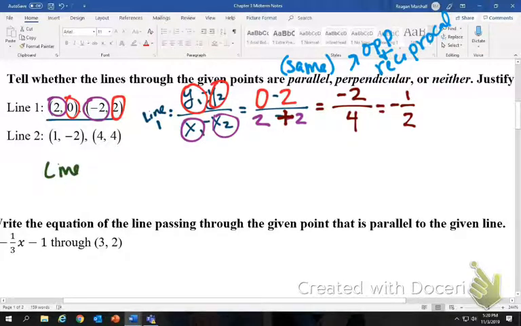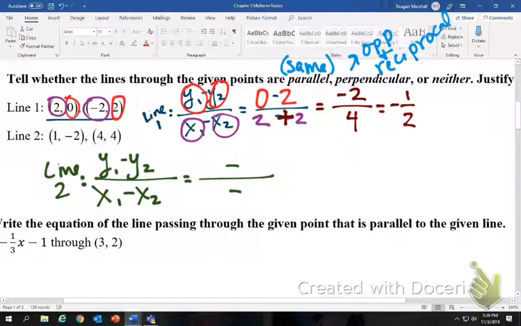For line 2, we'll use the same formula. Except for now, we're only looking at the next 2 points. So my first y is -2. My second y is 4.